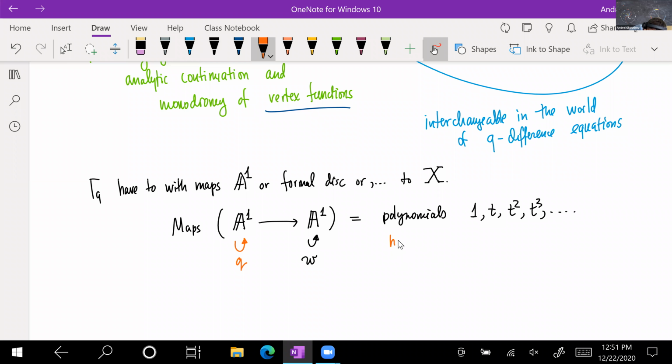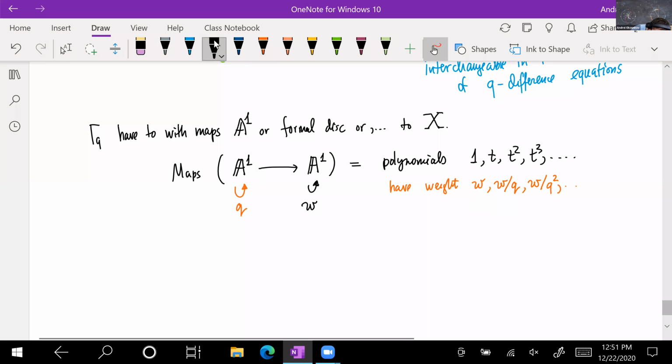And 1 means a constant function here, so it has weight w divided by q. The way things act on maps is that you post-compose in the target and pre-compose with the inverse in the source. So this part q squared, and so on.